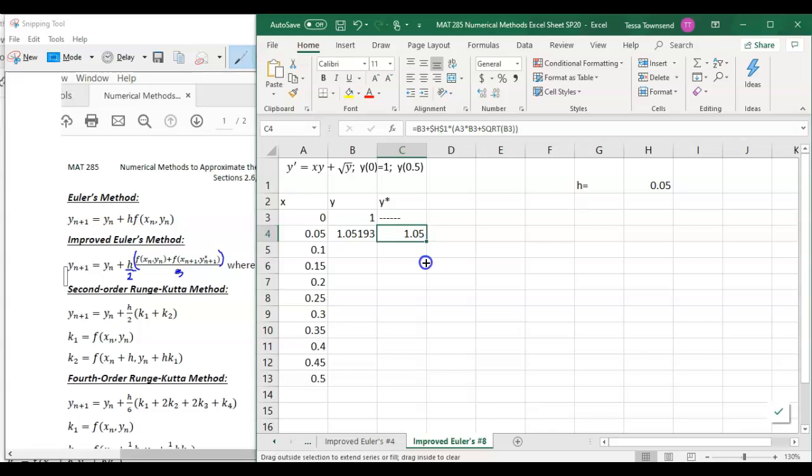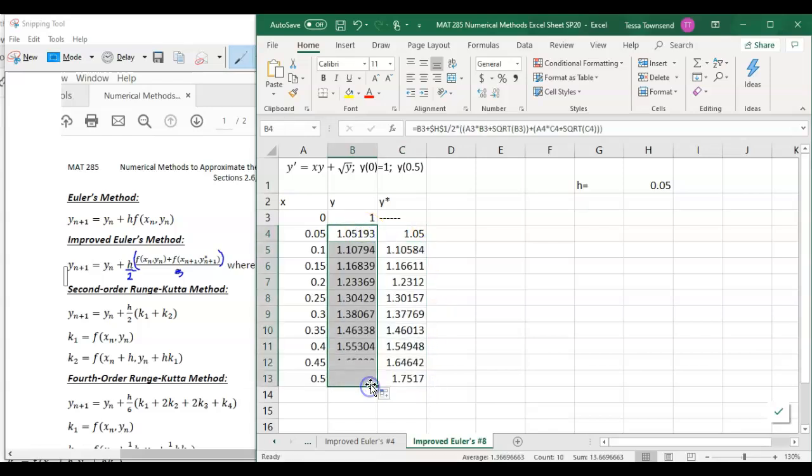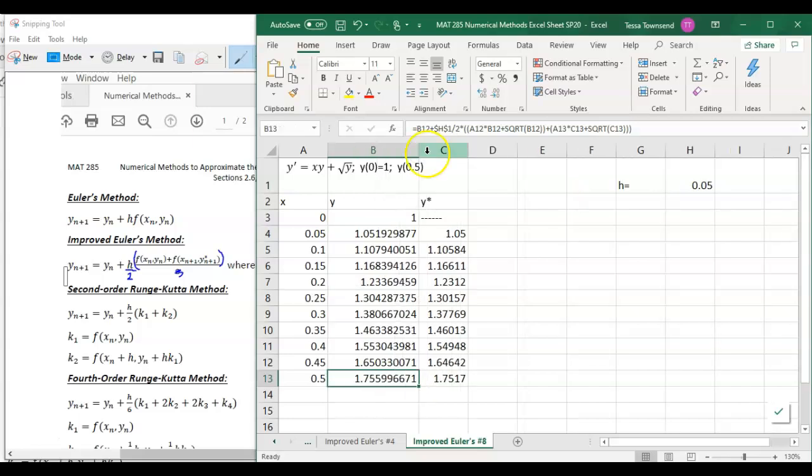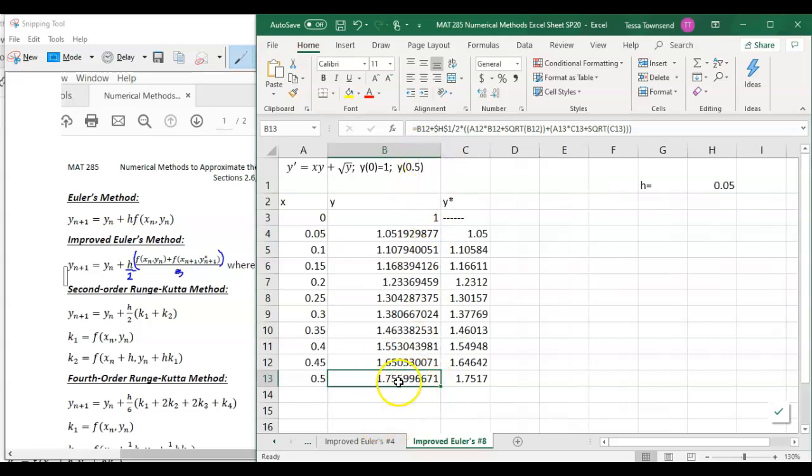And then let's copy all of our formulas down. So then in this case, our final answer would be this guy. And we could get more decimal places by moving that out. So if we needed 5 or 6 decimal places, just making this larger gives us more decimal places to play with.